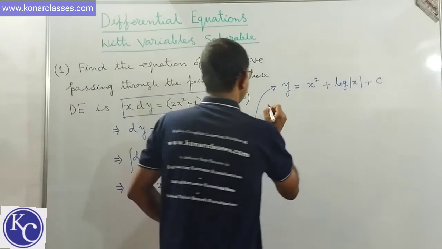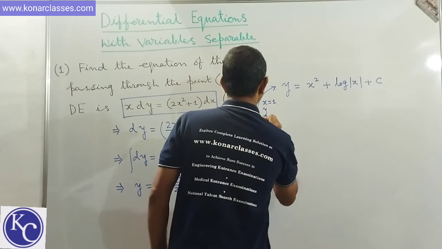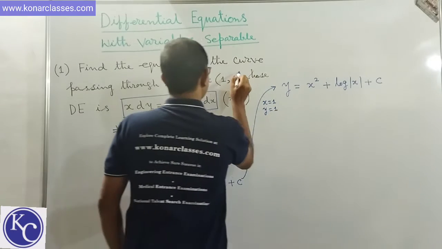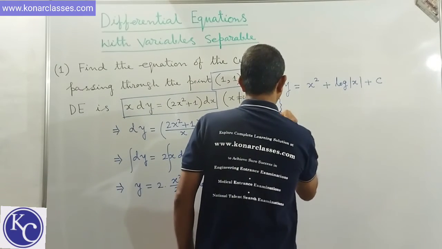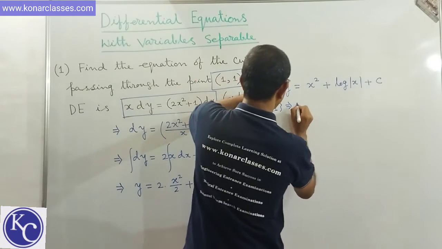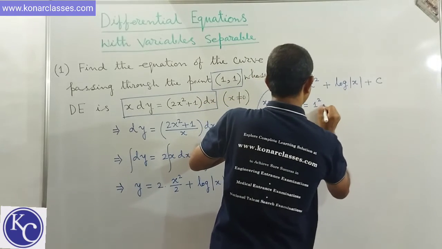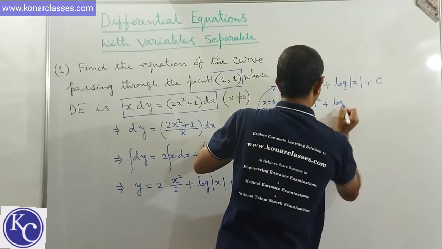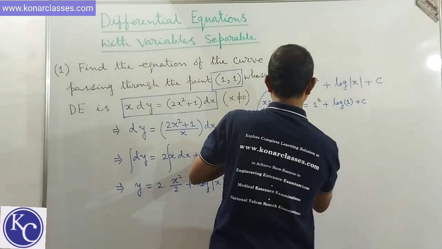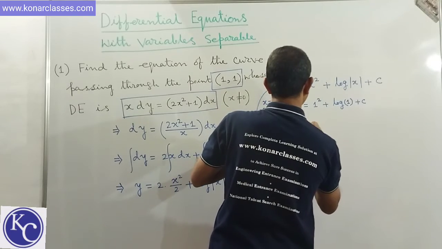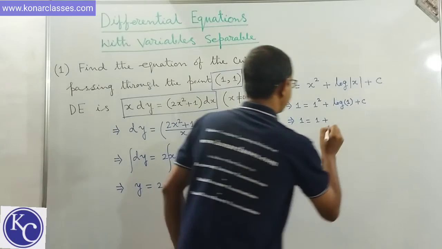How to get it? Here we write that at x equal to 1, y is equal to 1, because it is passing through the point 1, 1. If we apply this, we get 1 is equal to 1 square plus log of mod 1, which is 1, plus c. This implies 1 is equal to 1, log 1 we know is 0, plus c.